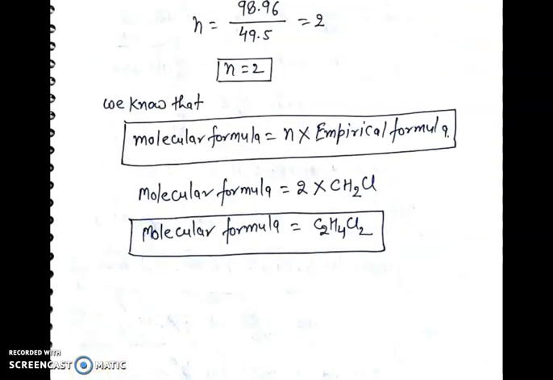We know that the relationship between the molecular formula and the empirical formula is molecular formula is equal to N into empirical formula. The molecular formula is equal to the value of N, which is 2, into CH2Cl, the empirical formula, and finally we get molecular formula is equal to C2H4Cl2.